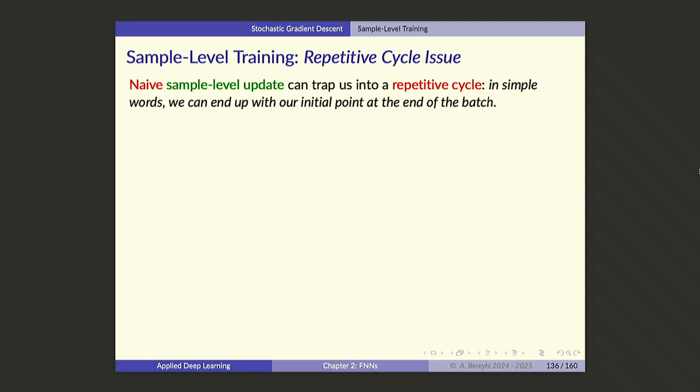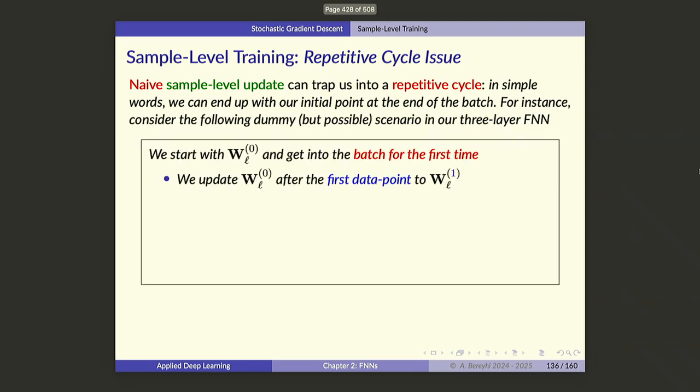So how can you think about this? I am just giving you one very dummy example here. Say I am doing updates. I start with some initial weight, W0, and then I use sample level training and go through my whole batch of data. I first start with my first sample and update, and I get W1. This is the new update, right?